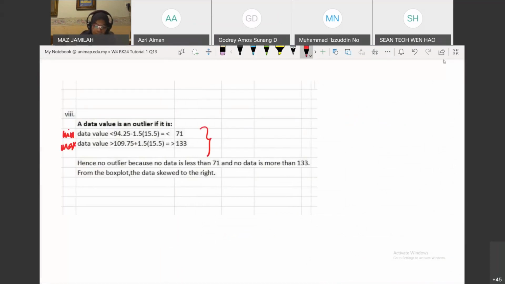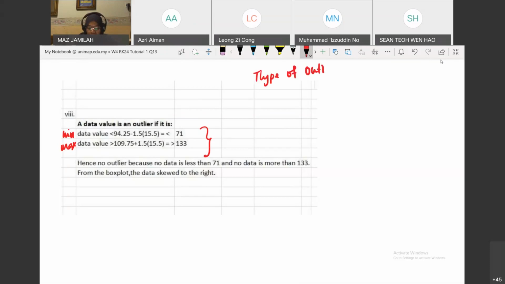So for this class, we have 2 types of outlier. Can you name what types of outlier we can have for our data? What are the 2 names of the types of outliers that we may have? What is the first type of outlier? Upper bound and lower bound. That is not outlier, I mean type of outlier.